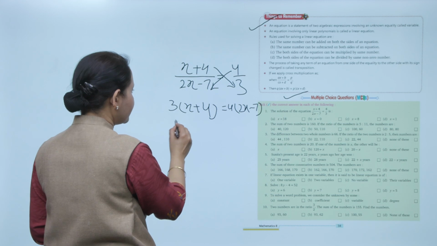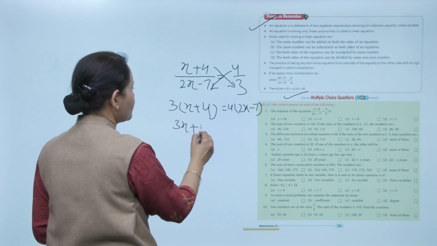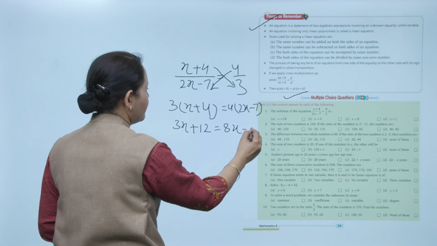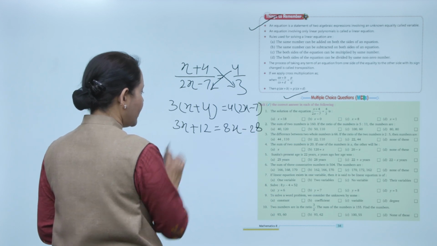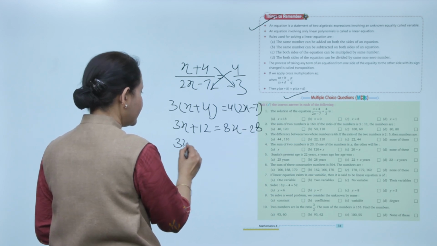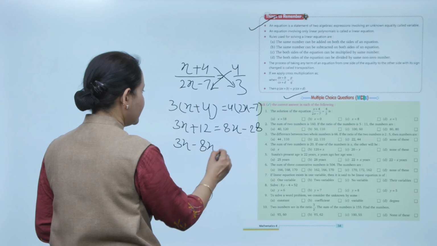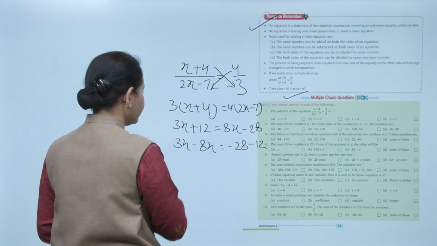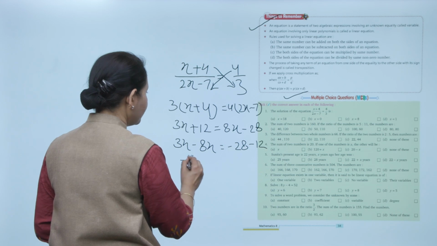So, 3 into x, 3x plus 12 equals 8x minus 28. वेरिएबल को एक साइड कर देंगे. 3x minus 8x equals minus 28 minus 12, that is minus 5x.